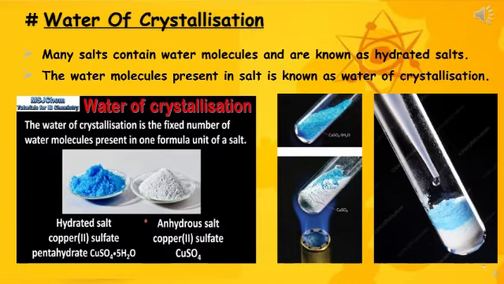This is the first example, copper sulfate. You have also seen it in gypsum. Gypsum is CaSO4.2H2O, calcium sulfate dihydrate. On heating it loses 1.5 water molecules and forms POP. So these are the water of crystallization.